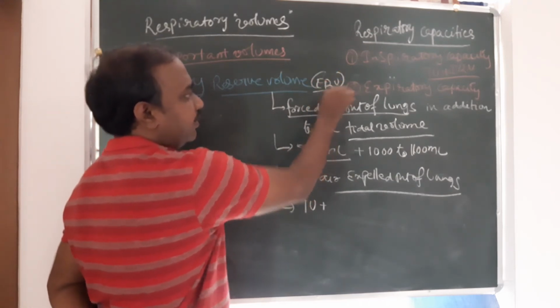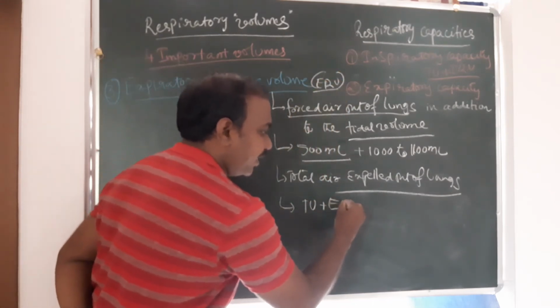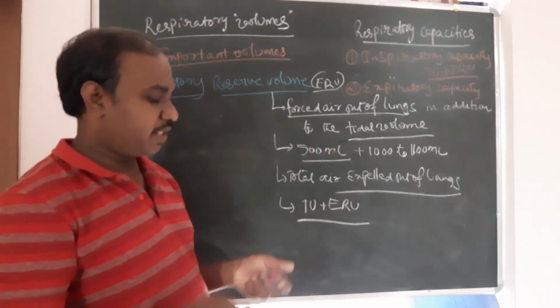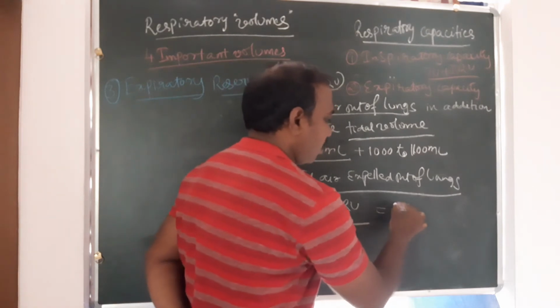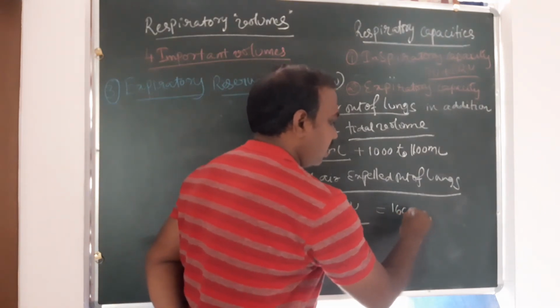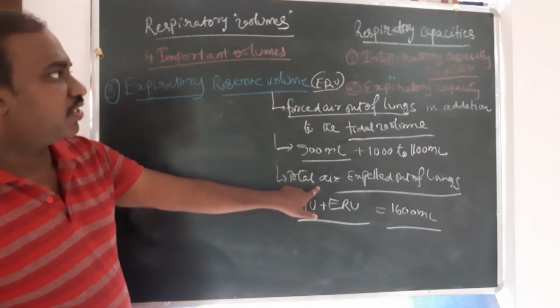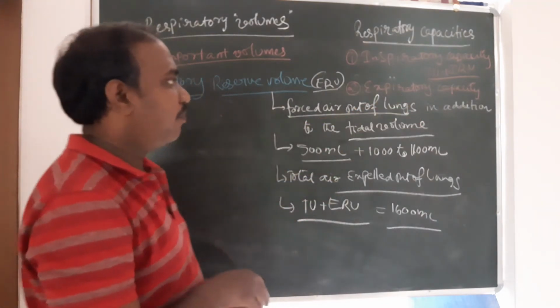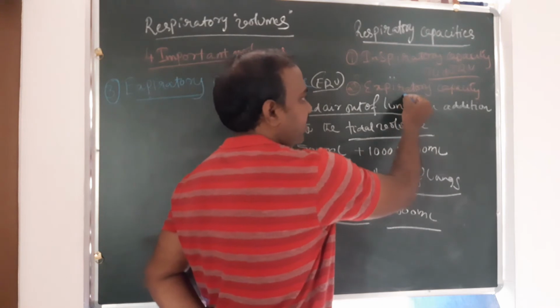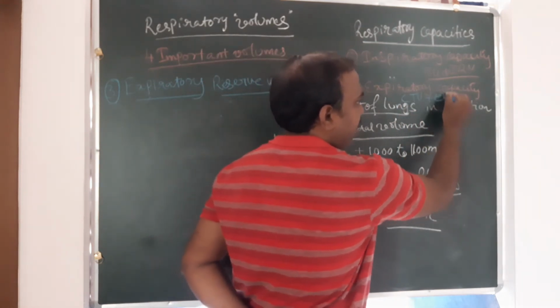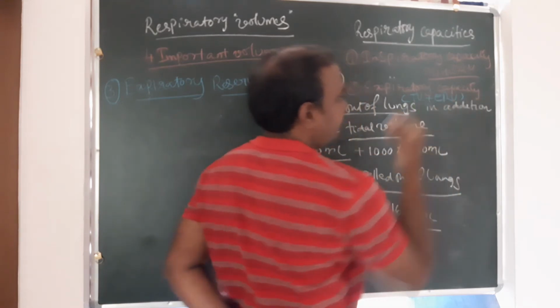That is tidal volume plus expiratory reserve volume, a total of 1600 ml, right? See, so this is equivalent to this one. I am writing that here as well. So this one is actually TV plus ERV, right?